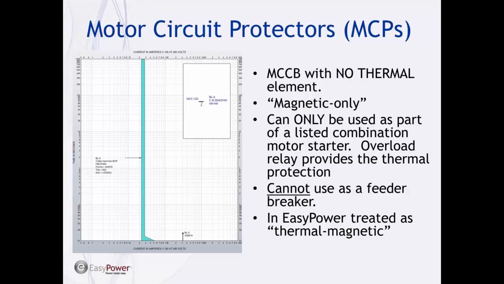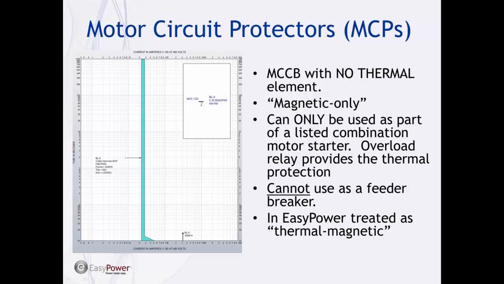So we do have these in EasyPower. They're under molded case breakers. It still calls them a thermal-magnetic, but if you call out the proper model in EasyPower, then it'll generate a curve like this, just the instantaneous only. And the instantaneous pickup here is always adjustable in the motor circuit protector.